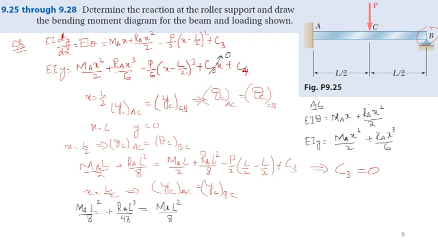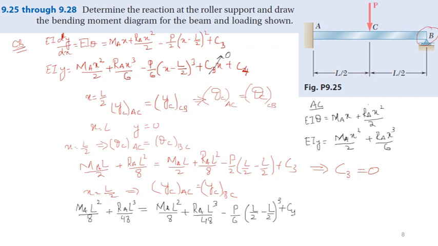by putting in the above equation for CB, plus RA L cube by 48 minus P by 6, and that will become L by 2 minus L by 2 cube plus C4.